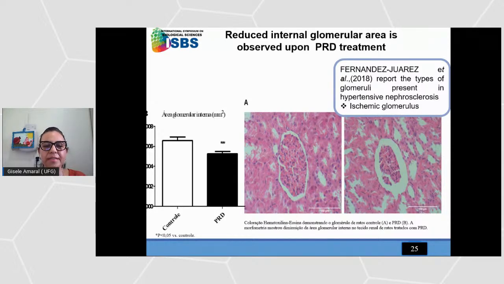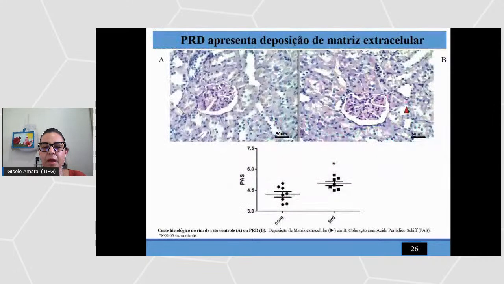Fernandes reports that the type of glomeruli present in hypertensive nephrosclerosis is the ischemic glomerulus. We also observed that the prednisone group presented an extracellular matrix deposition in the renal tubules region, showing a greater amount of amorphous fundamental substances, glycosaminoglycans, acquiring a pinker color by periodic acid-Schiff when we compare the prednisone group and the control group.